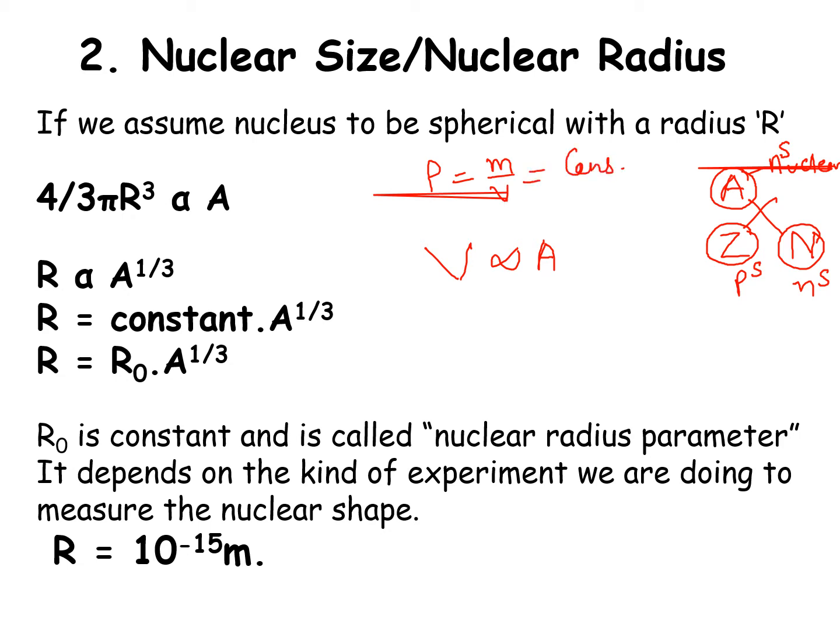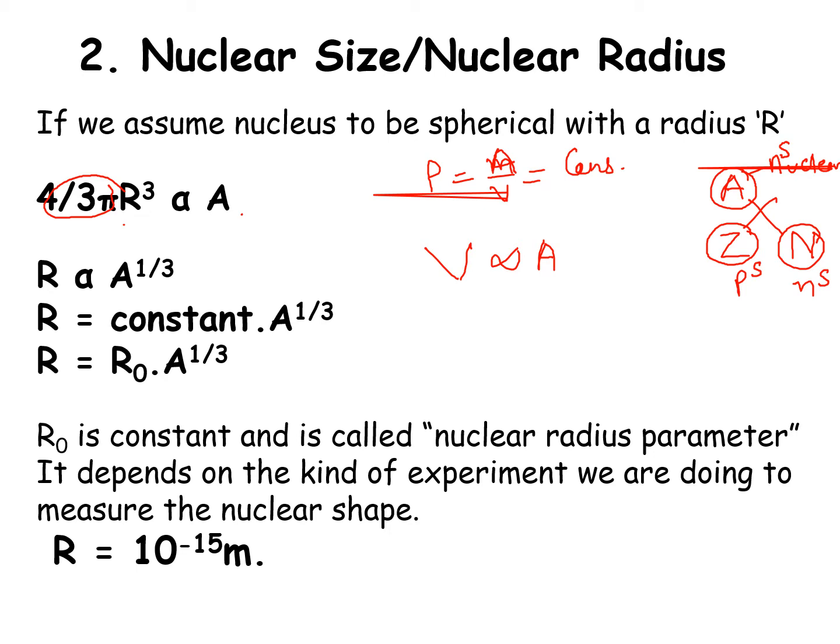Here for mass we will put A, that is, mass is equal to A, the number of nucleons. Since density is constant, the volume is directly proportional to the mass number. Volume here is 4/3 πr³, so it is directly proportional to A. This 4/3 π is constant.